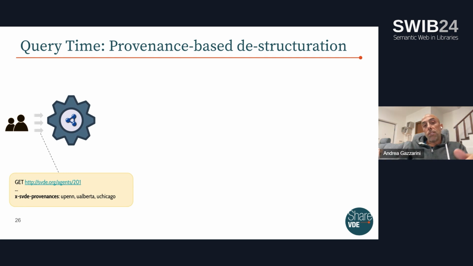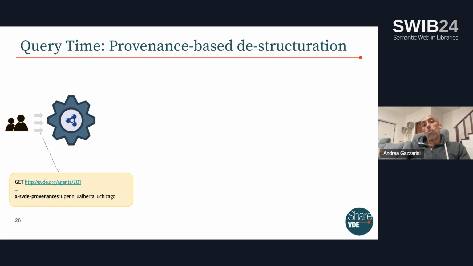So I want to get back the RDF representation of agents/201, okay? Using an HTTP header, but it could be anything that is included in the request, also a query parameter, I can select the provenances that I want to get back in my results.